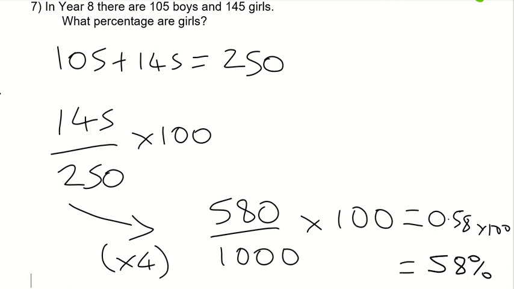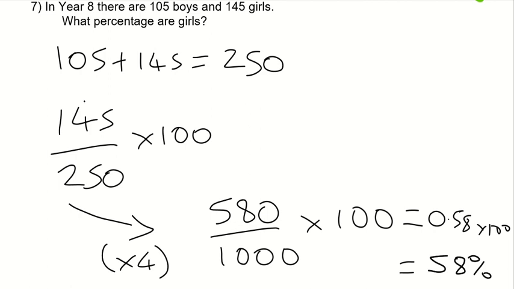The reason why I did it this way is because, first of all, if I did 145 times by 100 over 1, I would go into large numbers. The second thing is, if I tried to divide this down and get myself to 100, I would probably have to go and divide by 50, which would make this very messy as well.